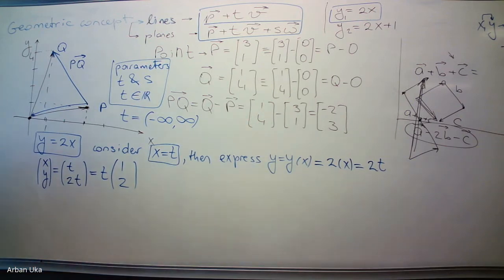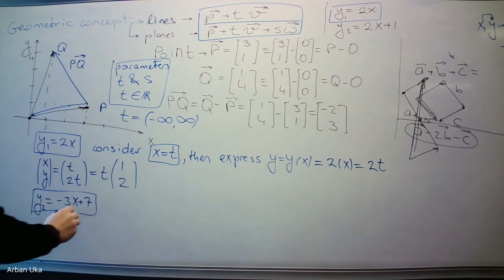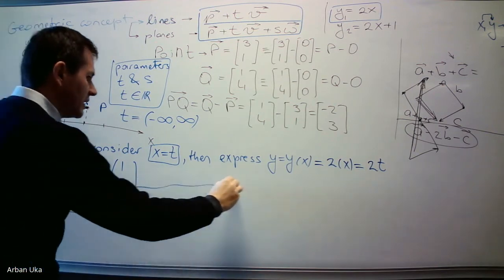Now, if we pick up another equation, which would be y2, this would be equal to minus 3x plus 7. If this is the case, we follow a similar pattern we have done here.